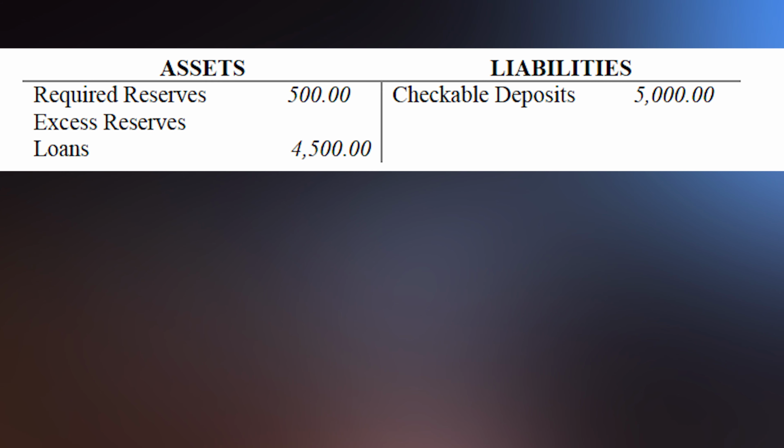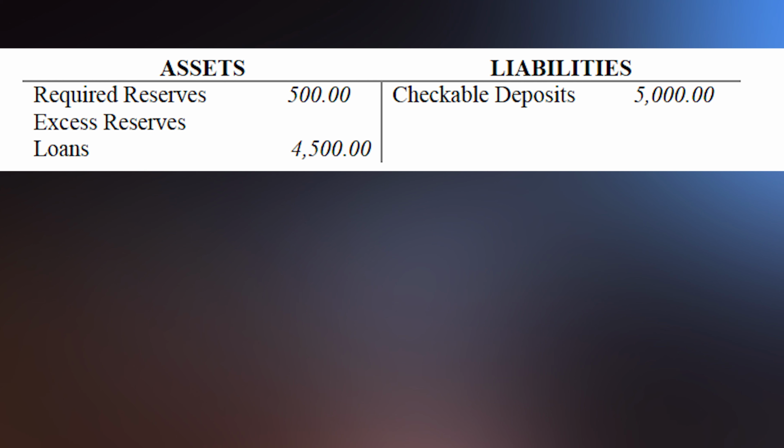We talked about how banks lend out money of their excess reserves and then have their reserve requirements. We're now going to apply the money multiplier to calculate how much money has been added to the money supply. So let's take a look at a bank T account. From this T account, we can calculate the reserve ratio. We can see that the bank is loaned out, meaning no money is left in the excess reserves.